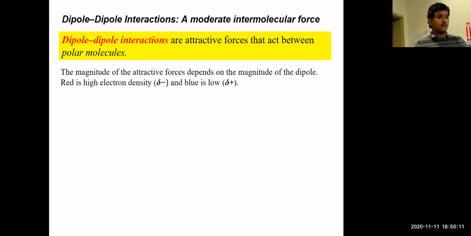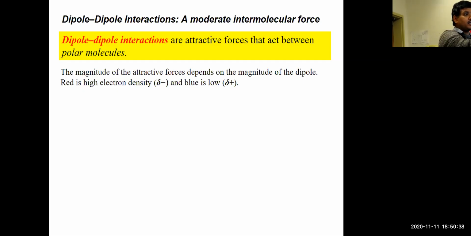Dipole interactions. This is the second type of intermolecular force that we are going to discuss between non-metals. So this is a medium, a moderate intermolecular force. Which type of molecules experience this moderate intermolecular force? The polar molecules.